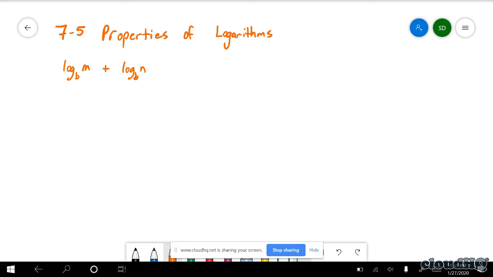Notice that they both use log base b. Log base b is going to be the type of log we have, but you'll take the m and the n that were in both logs. Before we were adding the logs together, but when we bring them together into one single log, it's multiplication. You'll say m times n. So log base b of m times n.